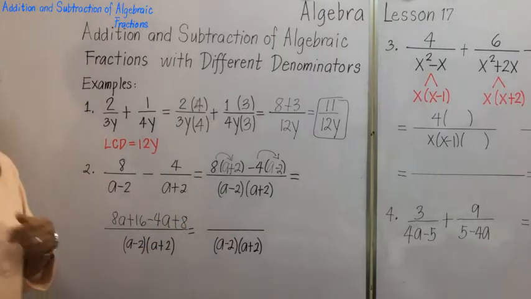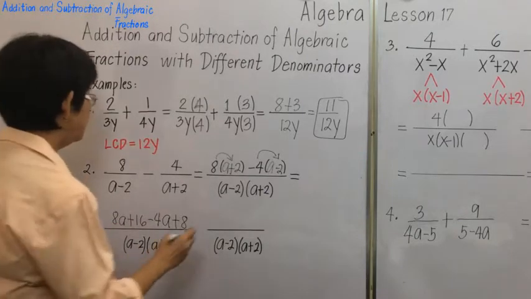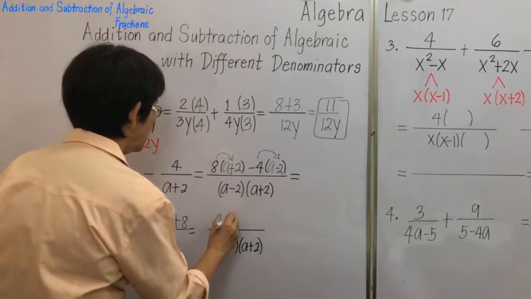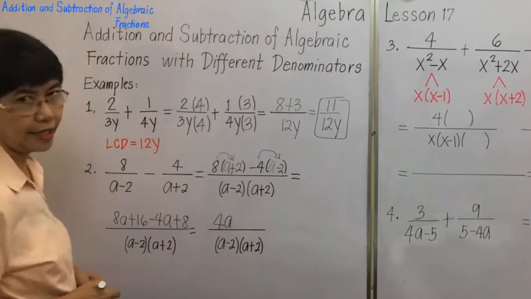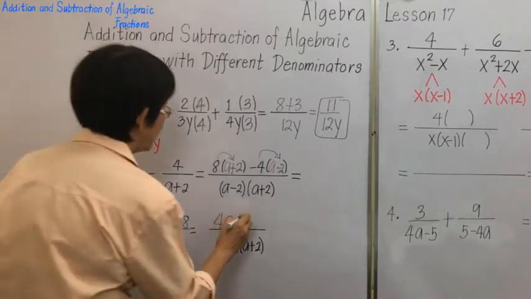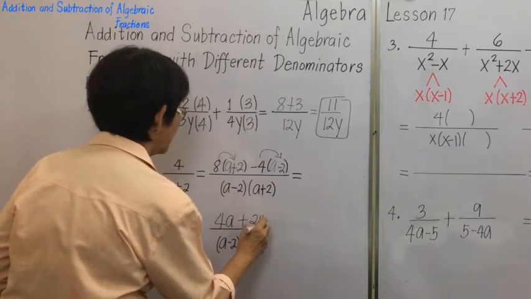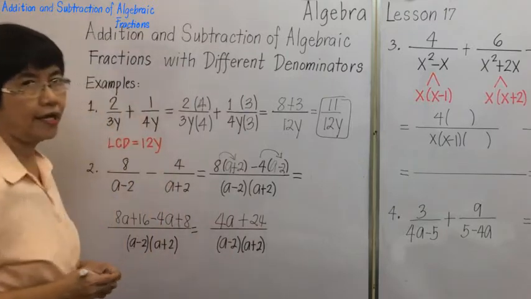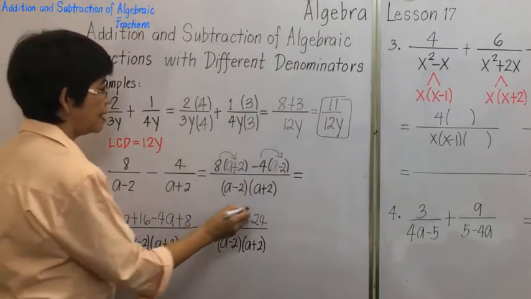And then combine similar terms, we have 8a minus 4a and 16 plus 8 is equal to 24, all over a minus 2 times a plus 2. That's the final answer.